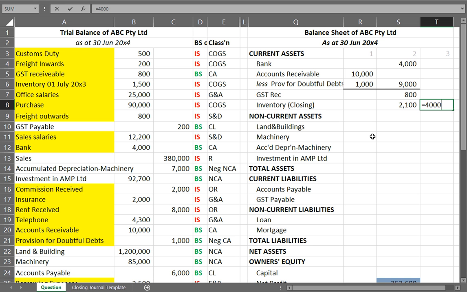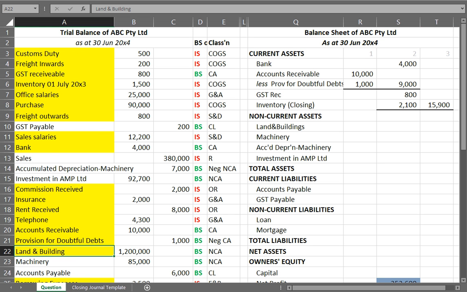It will be 4,000 plus 9,000 plus 800 plus 2,100. And again, we can use the longish line to show that 15,900 is the sum of all the numbers to the left.